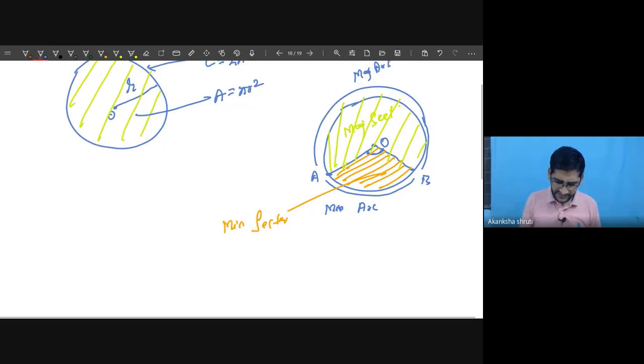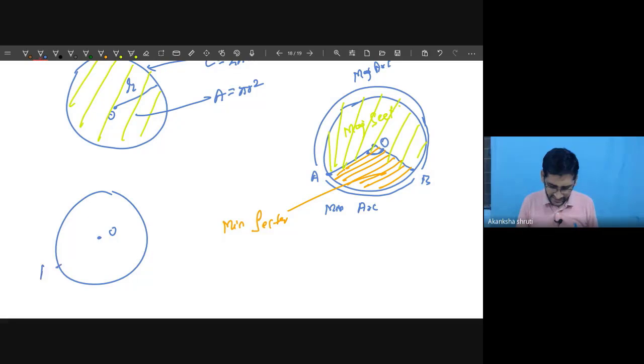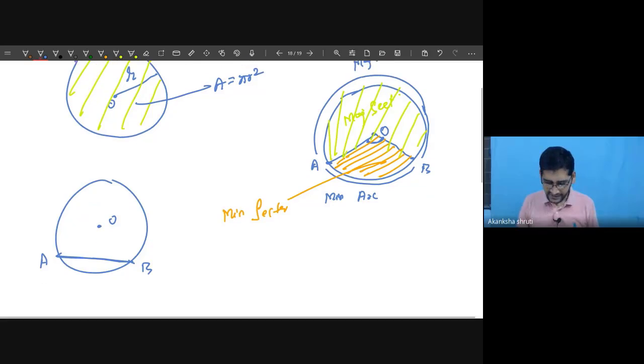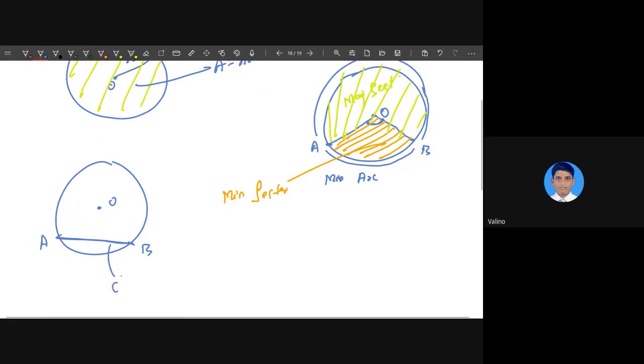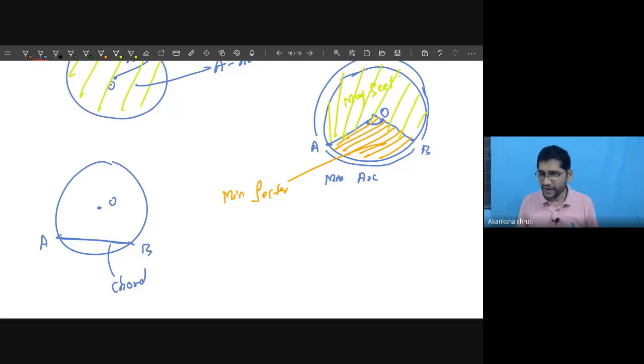The other one: if we are considering a circle with 2 points A and B anywhere, join this A and B with a straight line, it is called as what? Chord. No minor, no major for a chord. So it is always a chord. And with this chord, if we are taking this much area here, the chord is this length only.